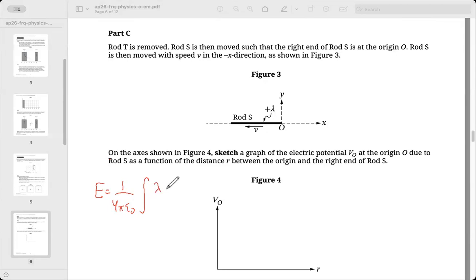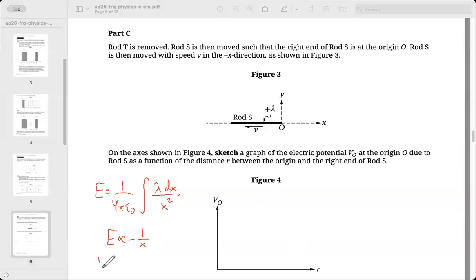So we got lambda dx over x squared, and the bounds of the rod were whatever they were. That means that the electric field is going to be proportional to negative 1 over x, which means that the electric potential is going to be given by negative natural log. Sorry, positive natural log.